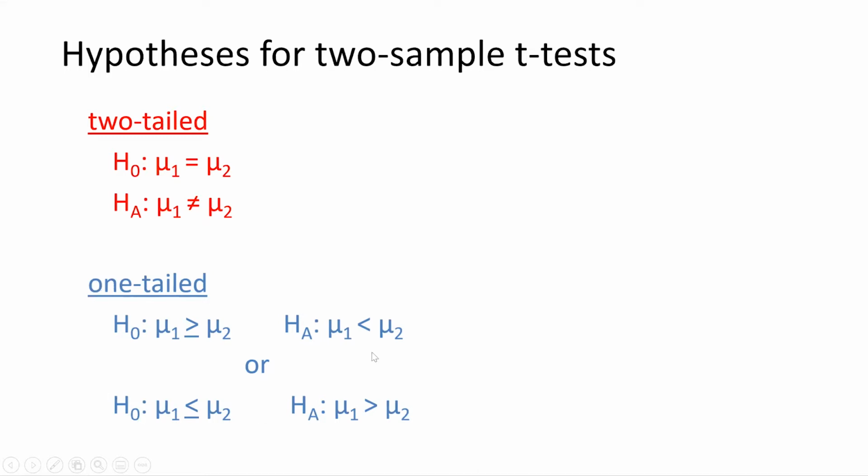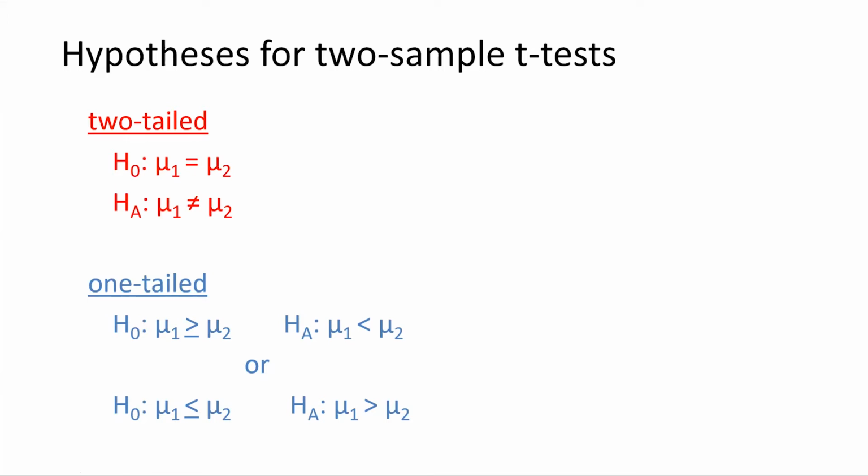It's a little bit less clear when we say, like, is this test right-tailed or left-tailed, right? Because sample 1 and sample 2 are arbitrary. You know, if I said, let's see, do robins have greater wingspan compared to sparrows, right?